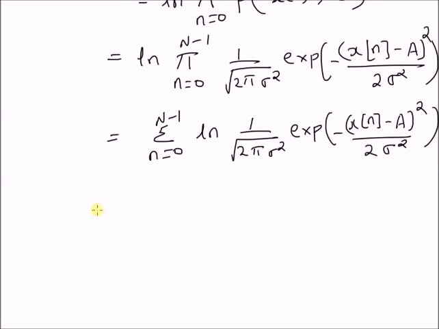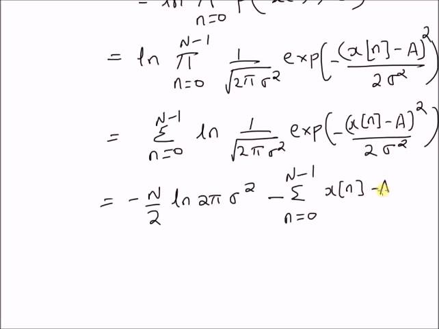Upon simplification, this becomes minus N by 2 logarithm of 2 pi sigma square minus summation n equal to 0 to N minus 1 of x of n minus a whole square divided by 2 times sigma square. So that is the final log likelihood function.